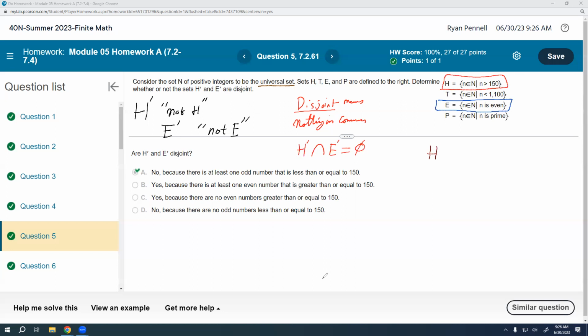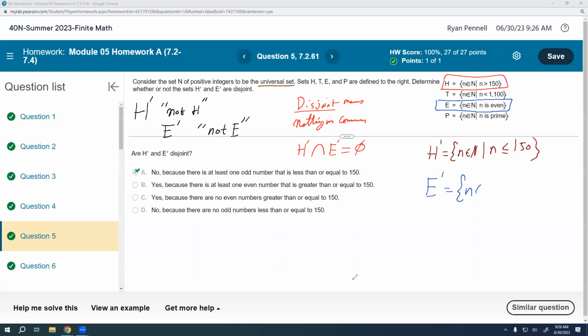What is H complement? That would be n in N such that, and we want the opposite of 150. Would you agree that that is the opposite? We have n is greater than 150. The opposite of that would be n is less than or equal to 150. That would be all of the other numbers. Okay. Now, what is E complement?